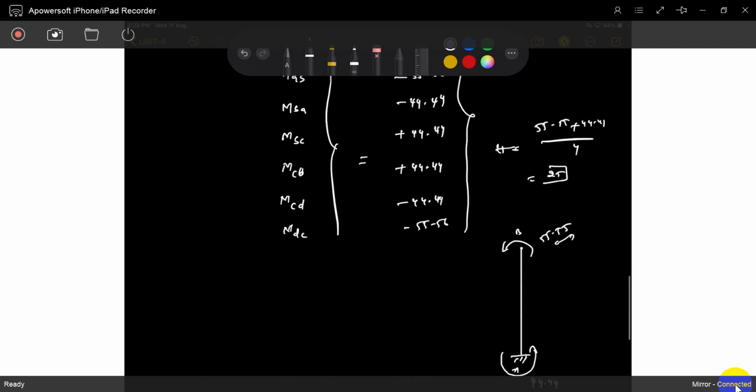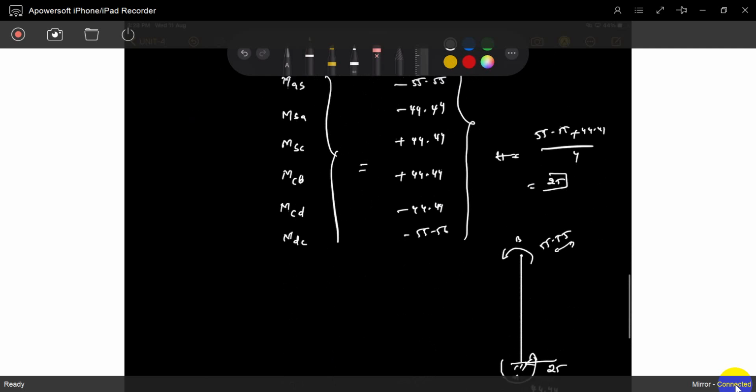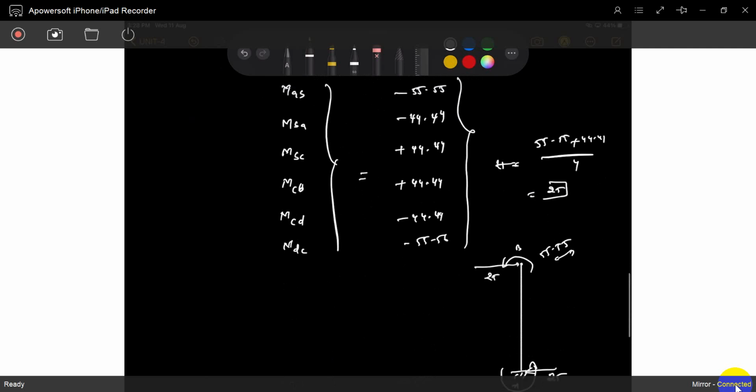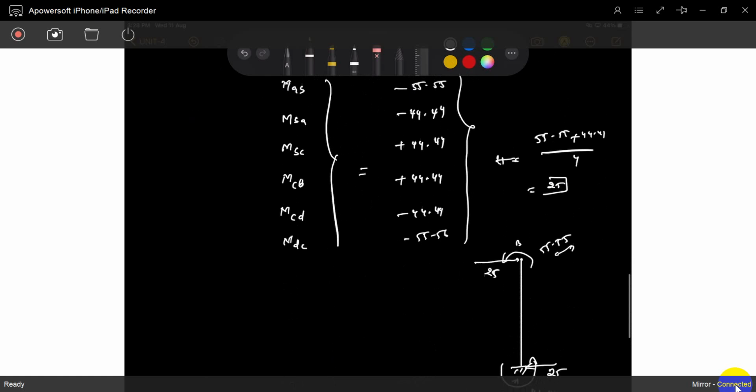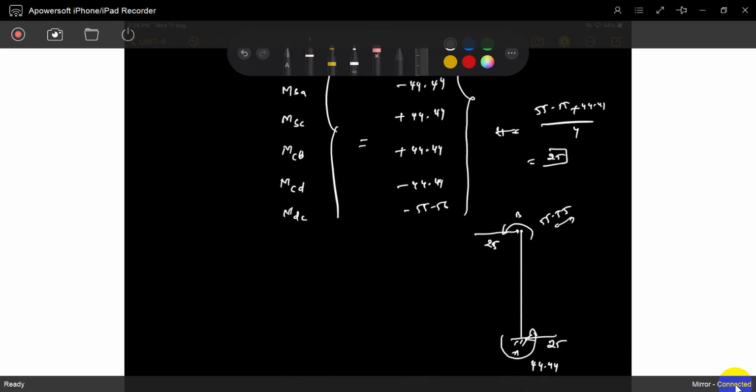So the horizontal forces, see, it is 25, not 50, because it's taken 25 only. Understood? See, otherwise if you check, it is exactly matching. 55.55 plus 44.44 is equal to exactly 25 into 4. Matching, na? Exactly matching.